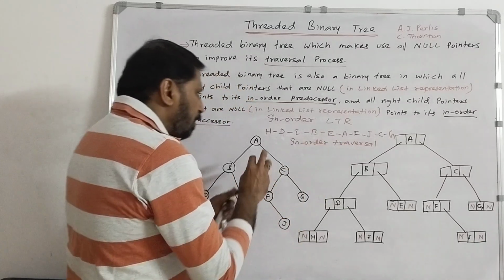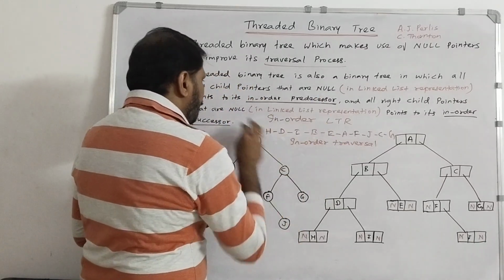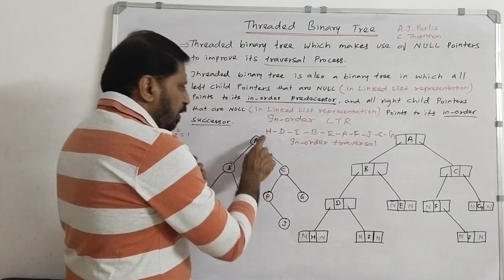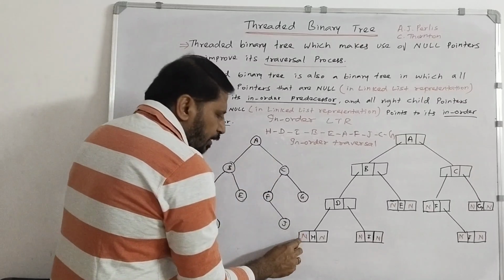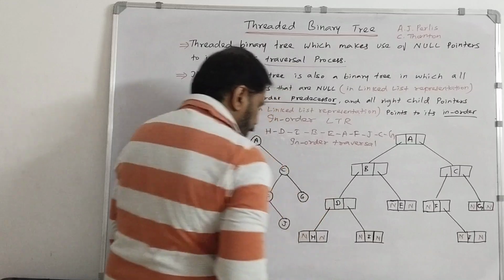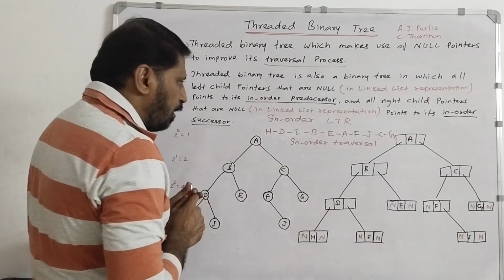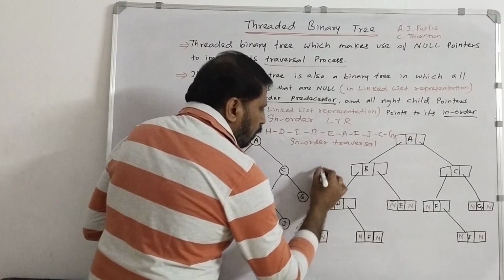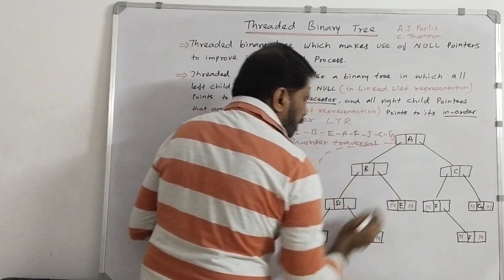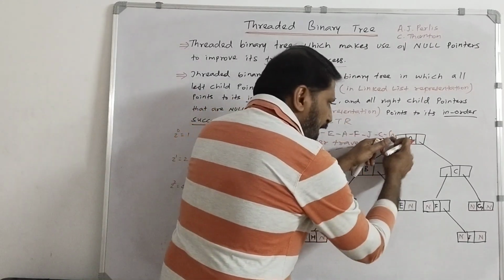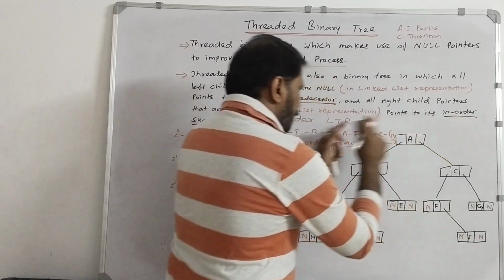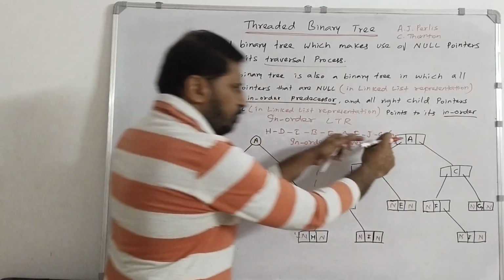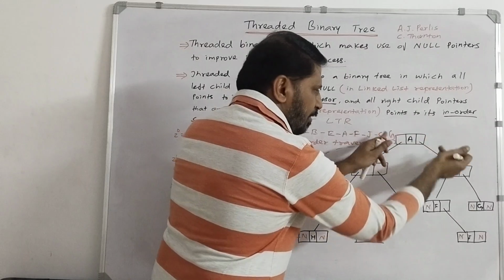Okay. So in this way, we are taking the in order predecessor for all left children. If it is a terminal node, that terminal node is connected to the root. Okay, so this is the idea. The terminal node is connected to the root because this is the special case. Likewise, at the last terminal node, when we consider the in order successor, G doesn't have any in order successor.